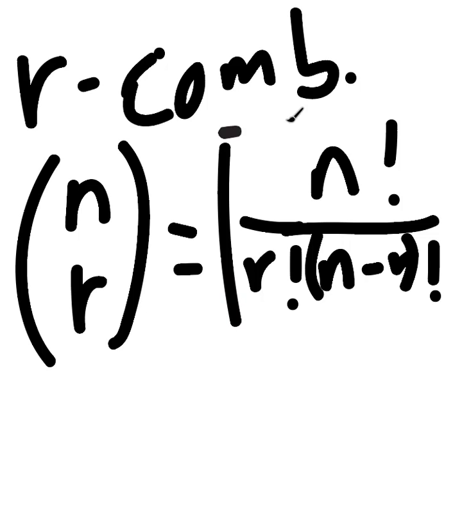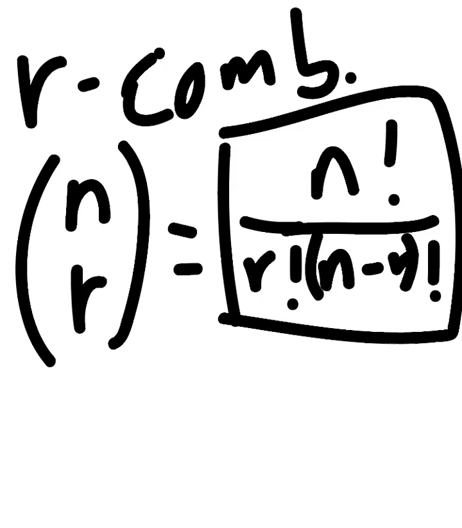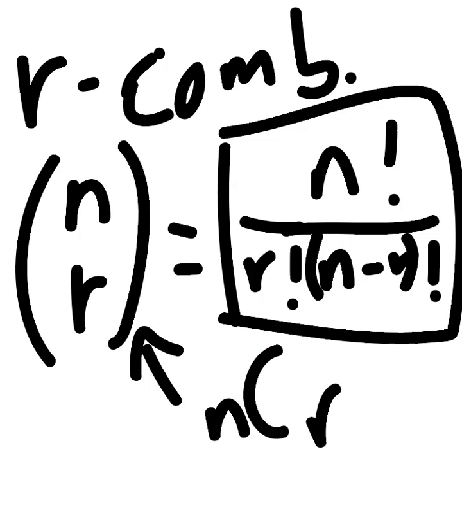And this right here is the formula to find combinations. Sometimes you might see this written as n choose r, like that. And for permutations, the notational equivalent is often written as nPr.